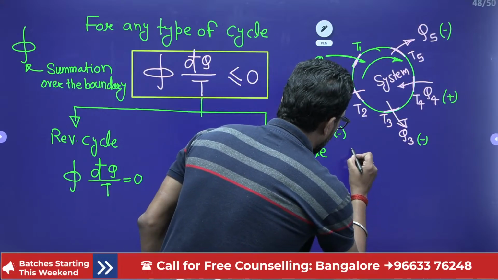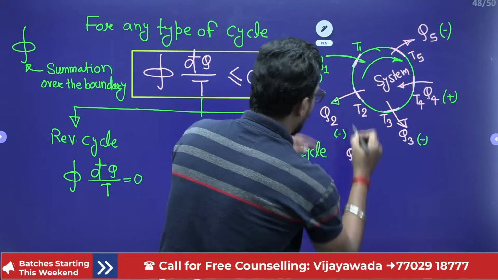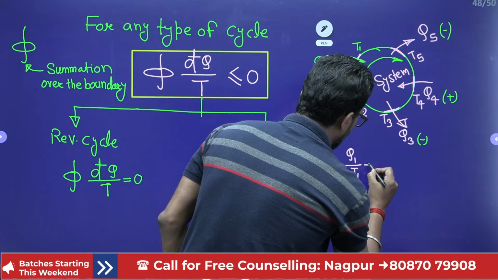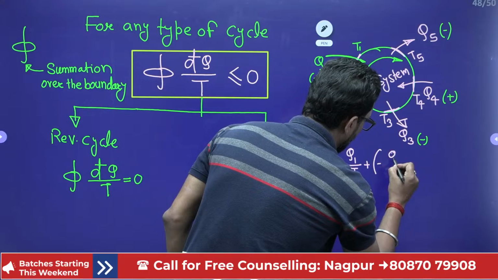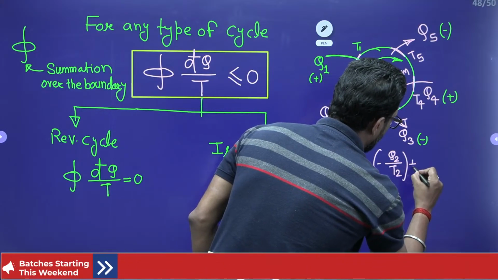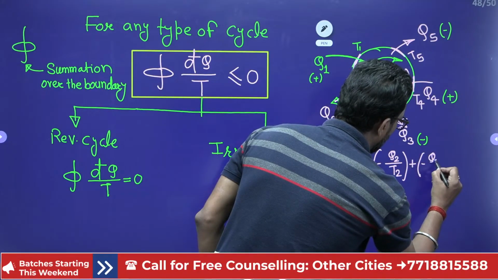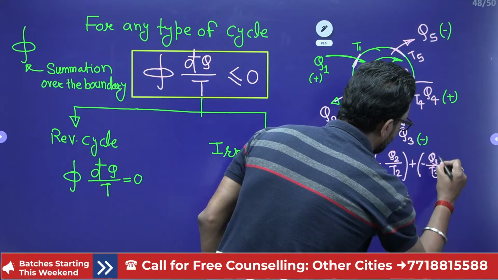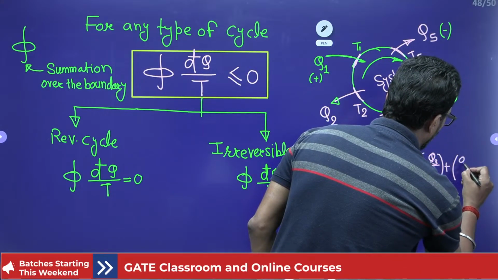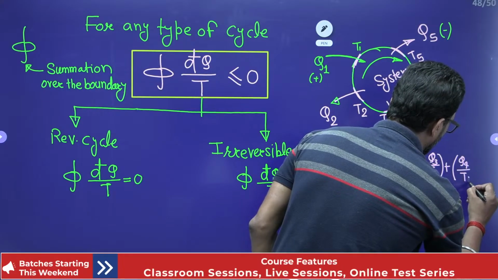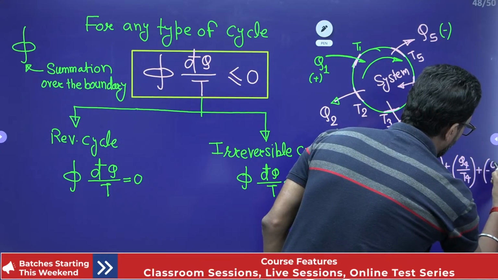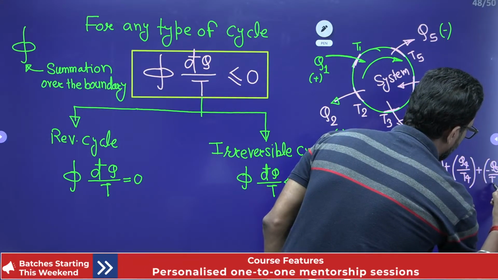That means Q1 by T1 minus Q2 by T2 minus Q3 by T3 plus Q4 by T4 minus Q5 by T5.